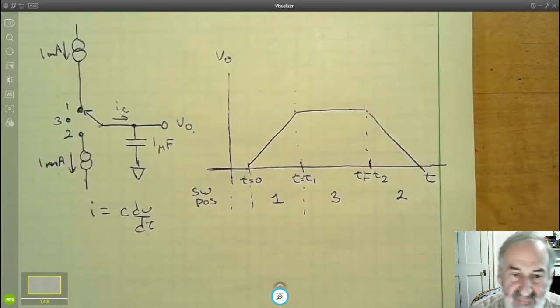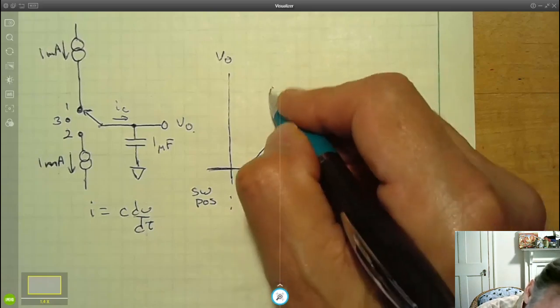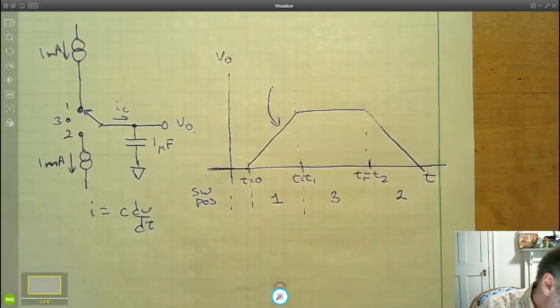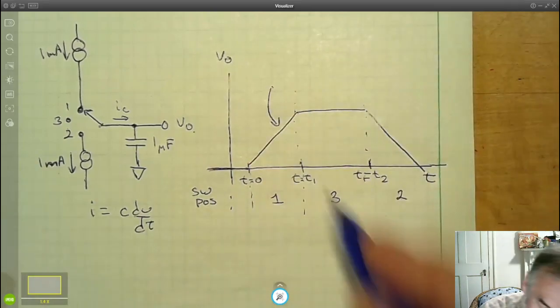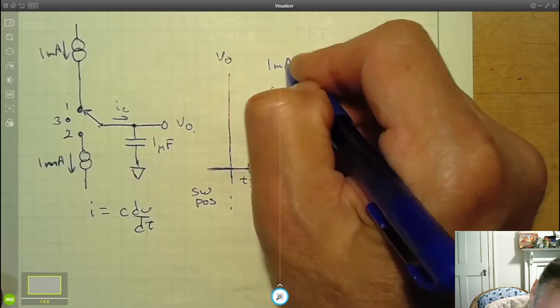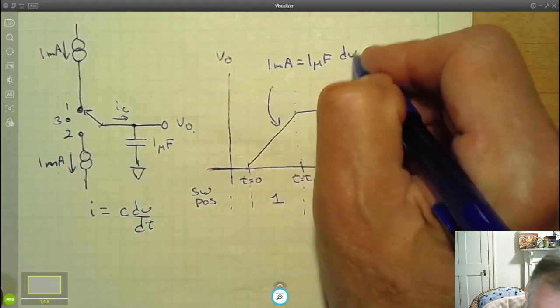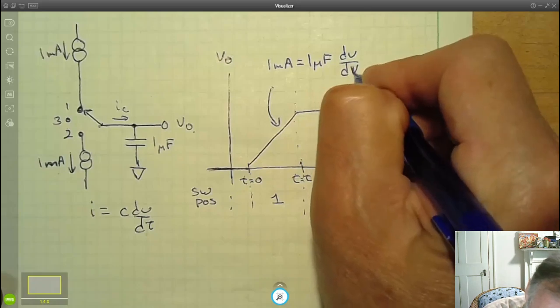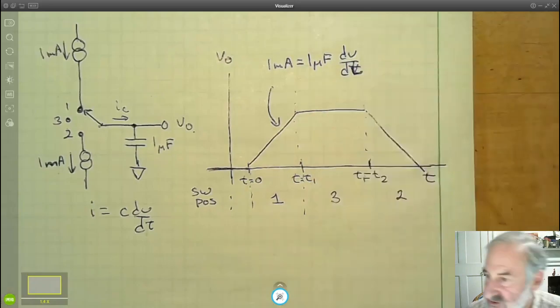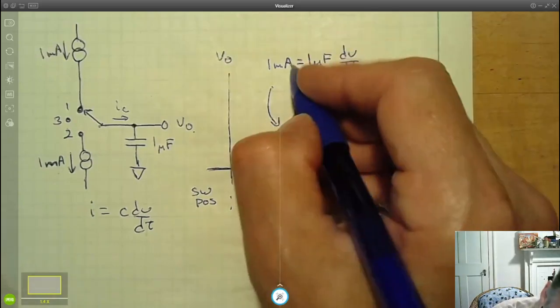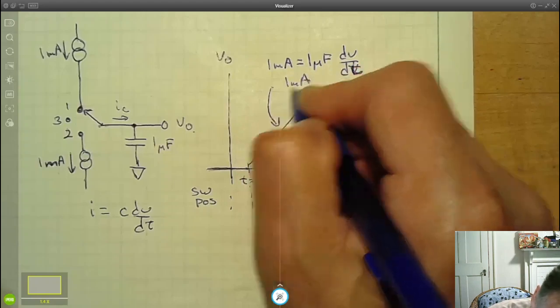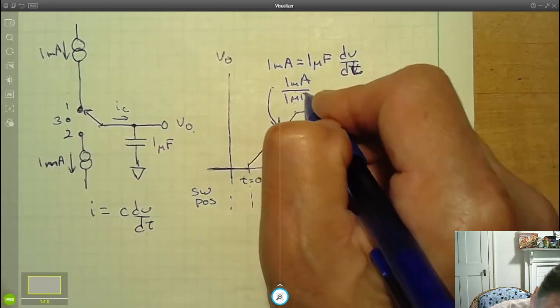Okay. Let's get ourselves a different color. We know that 1 milliamp equals 1 microfarad times dV/dt. We've got 1 milliamp divided by 1 microfarad.